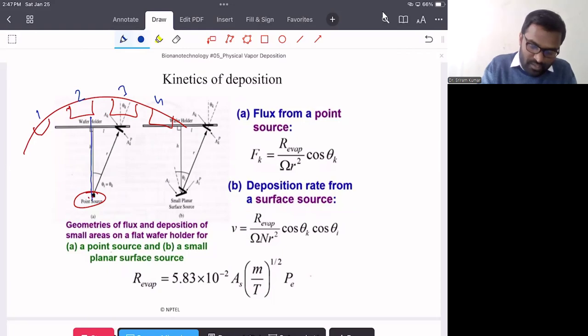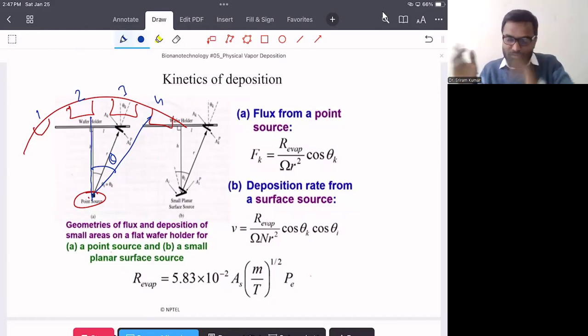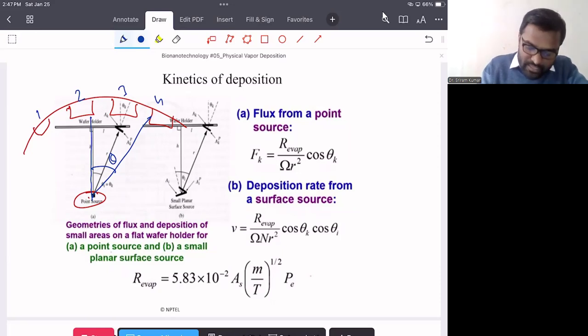This is the vertical, and if the vapor moves from here to there, there is a theta value that it needs to travel from the vertical point to the fourth sample, and based on that you will get different kinetics of deposition as compared to substrates two and four.